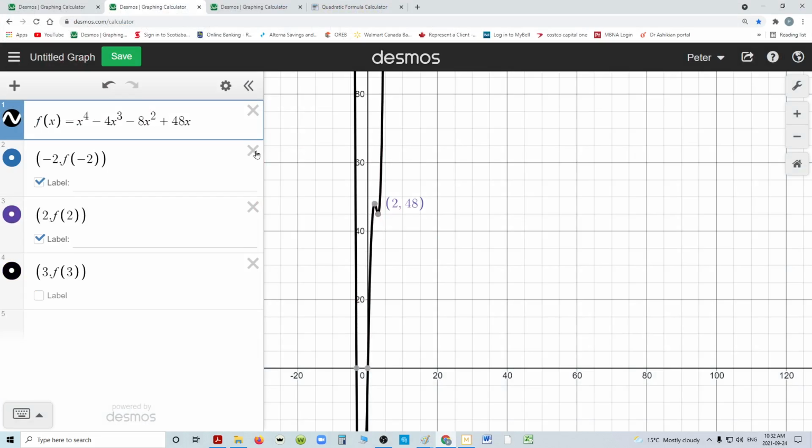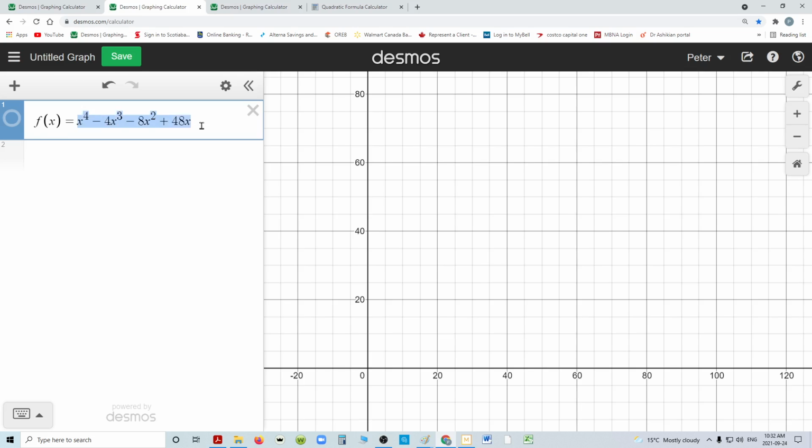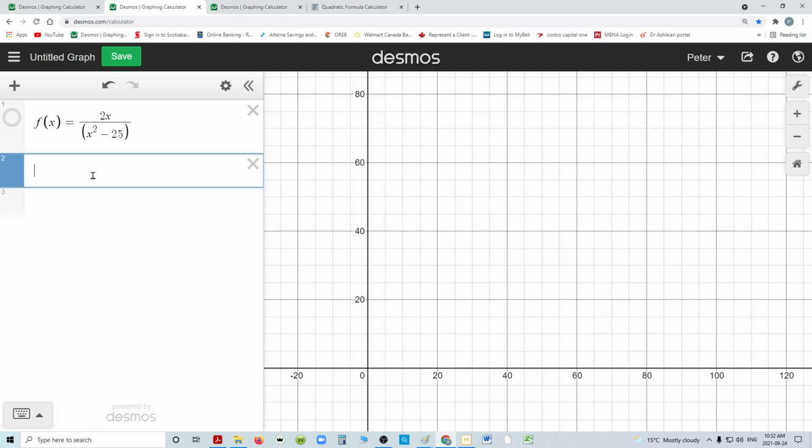So again, I'm going to put in the graph without the graph showing and get 2x divided by x squared minus 25. And I'm going to put in a value of like minus 5.0001, which is just to the left. And it goes down to negative infinity. Now I'm going to do negative 4.999, which is just to the right. And it goes way up to positive infinity.